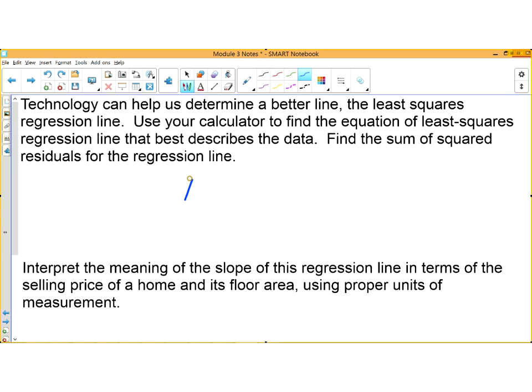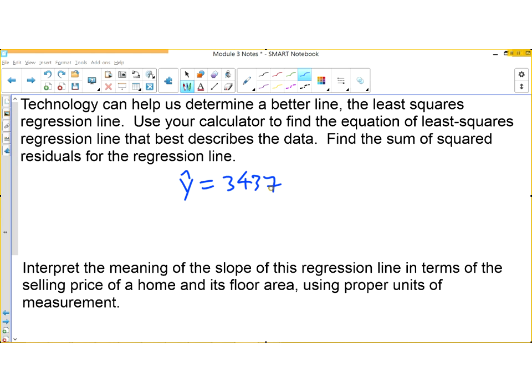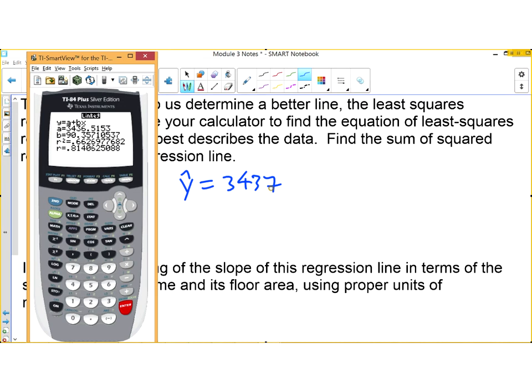Let's see. It looks like I'm going to have to write it in 2 parts. Y. I'm going to put a little symbol over the top of the Y there. Y hat equals 3437. I don't need to go to decimals because that would be saying it matters how many pennies the house is.